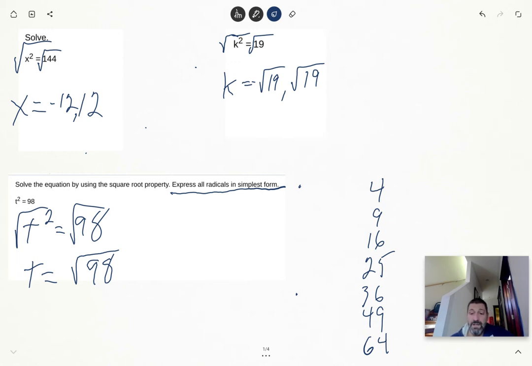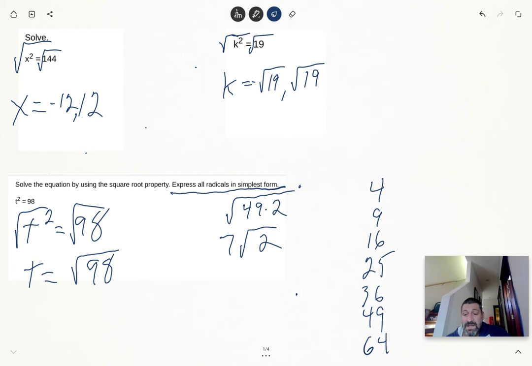Not 4, not 9, not 16, not 25, not 36, but the square root of 98 can be broken down into a perfect square of 49 times 2. That allows us to take the square root of the 49 and simplify that radical. So the square root of 49 is 7, and the 2 remains on the inside.